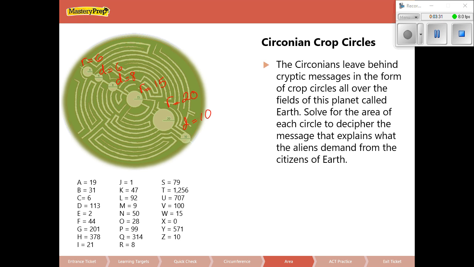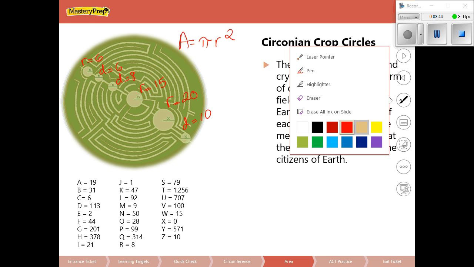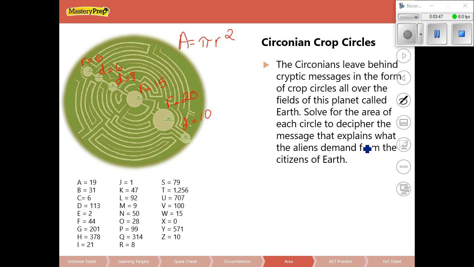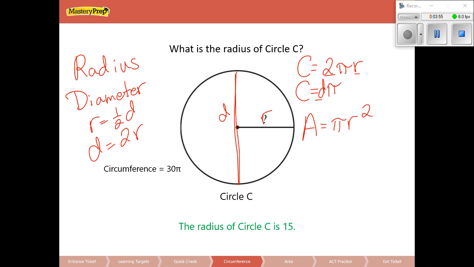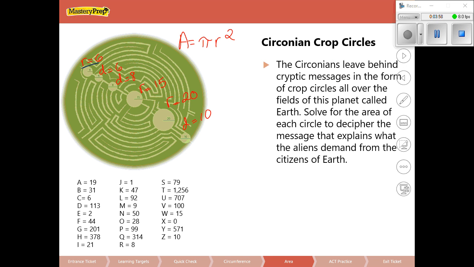And again, the area formula for this here, or any circle, is area is equal to pi r squared. So for a few of them, we already have the radius, and we could use that to calculate the area of each one of these circles.